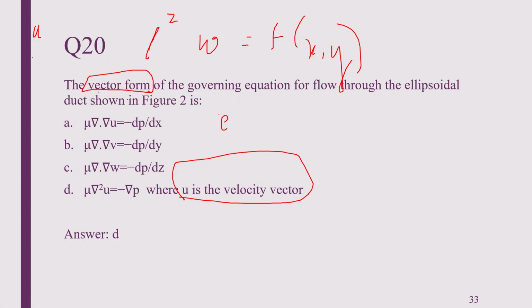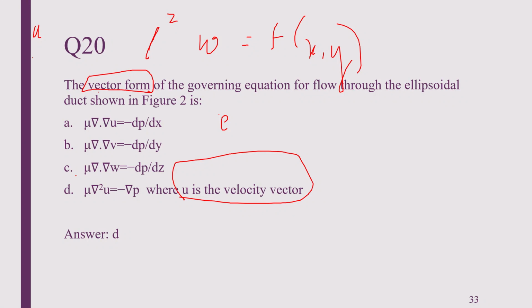Here in options A, B and C, those are the equations, but they are in the velocity component form. So it is the x component momentum equation, y component momentum equation and z component momentum equation. But in question 20, it is rather asked to write the governing equation in the vector form, comprising all three, u, v and w.